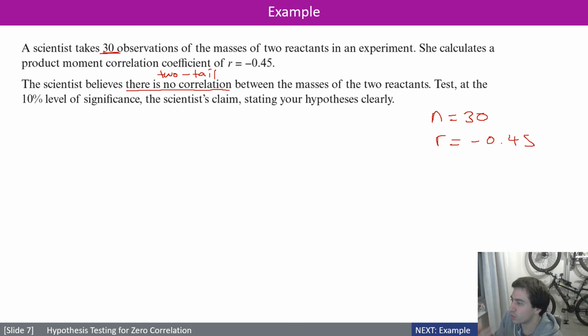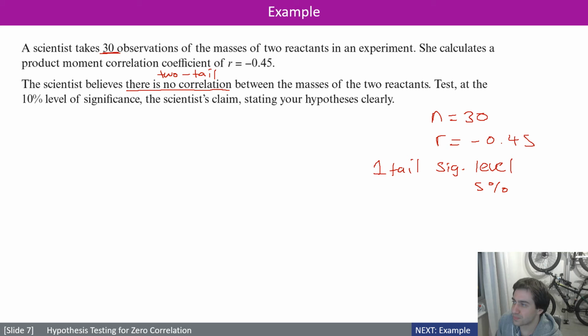If you see the word positive or negative there, then you know that it's a one-tail. So this is two-tail. Therefore my one-tail significance level is 5%, because the 10% is the two-tail, divided by 2.